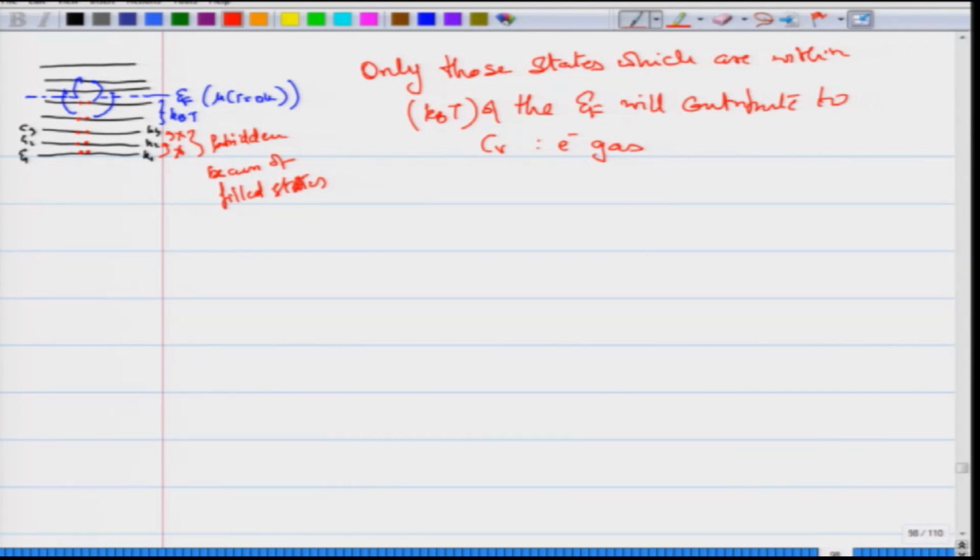So, therefore, in the expression, the density of states which will contribute to the specific heat of the electron gas will essentially be the density of states at the Fermi energy.